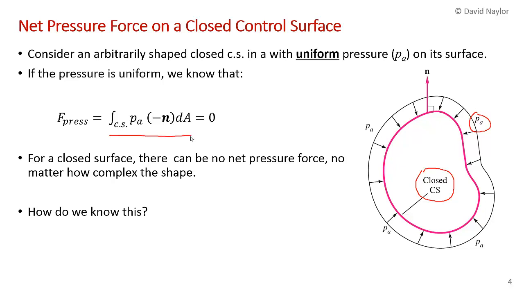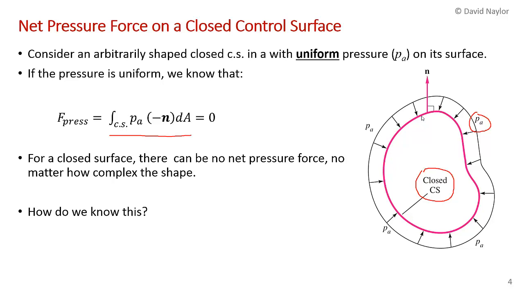In 2 dimensions, it would just be a closed curve. In 3 dimensions, it would be a closed object, so nothing with a hole in it. We have to consider the entire surface area of the object. And if we integrate a constant pressure over a shape, we're always going to get 0. For a closed surface, there can be no net pressure force, no matter how complex the shape, provided the shape is completely closed. Let you think about that for a moment.